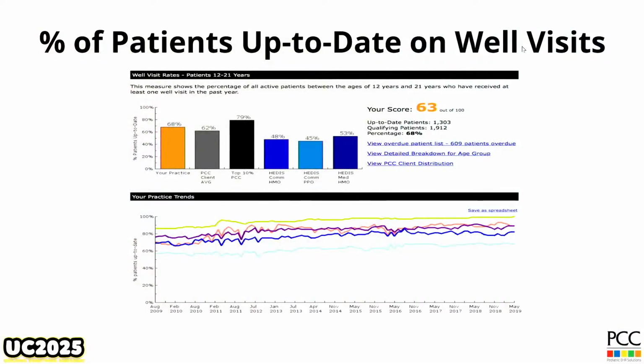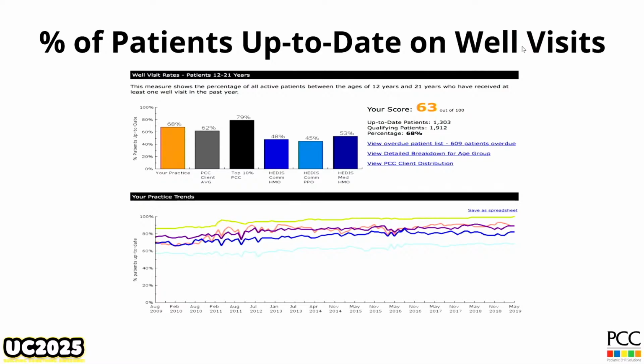All right, if you click on any well visit rate measure in the dashboard, you'll see a page like this, and we break it out into sections for each age range. And you'll see your practice results compared to the client average. The top 10% of practices will have a benchmark for that.